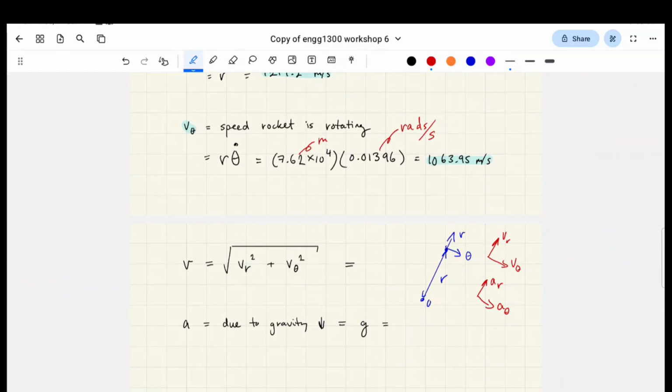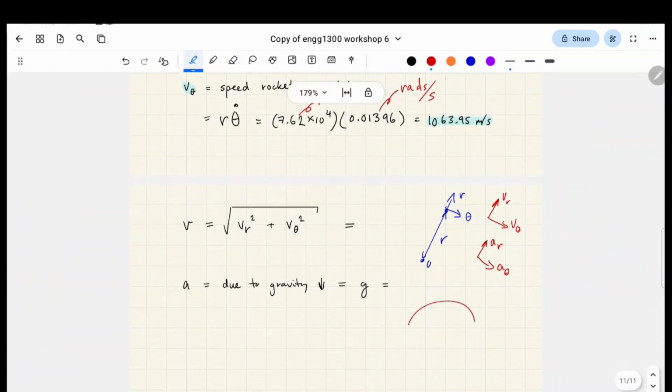And that's different to our normal and tangential ones for curvilinear paths, because, sorry, the lectures do a way better job of explaining this, but if this was our displacement, right?